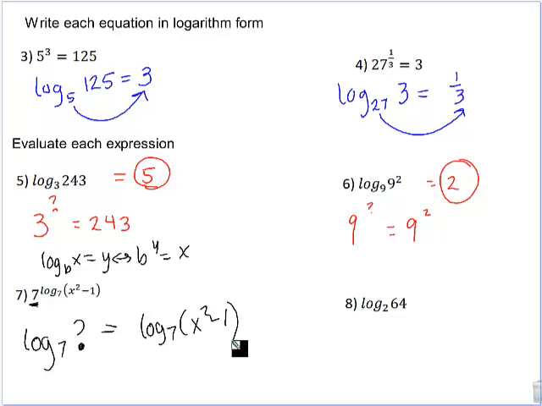What would that something have to be? Yeah, x squared minus 1. That something would have to be just that x squared minus 1. They'd have to be the same. So this is just x squared minus 1. How come the 7 out in front just disappeared? The 7 out in front didn't disappear. We were rewriting it in terms of log. The 7 is your base number, so we rewrote it as log base 7.